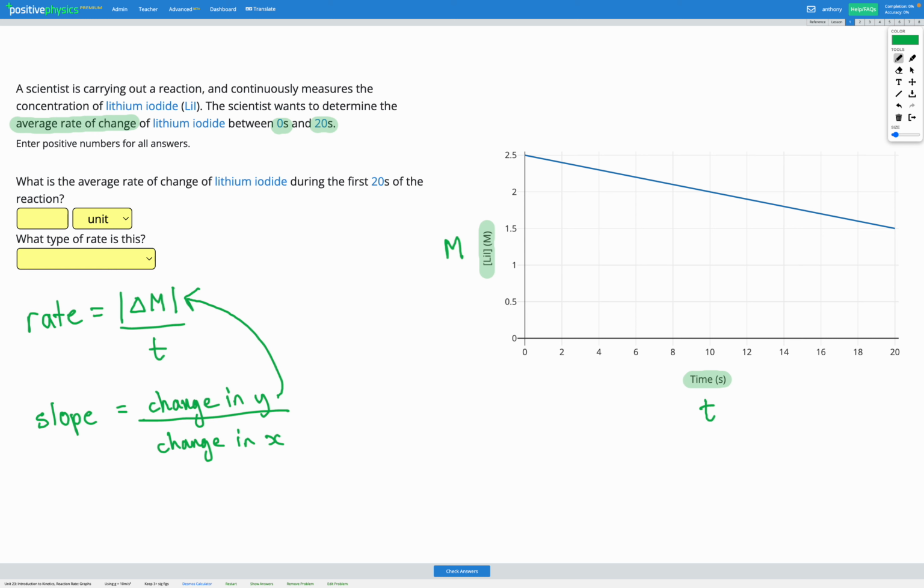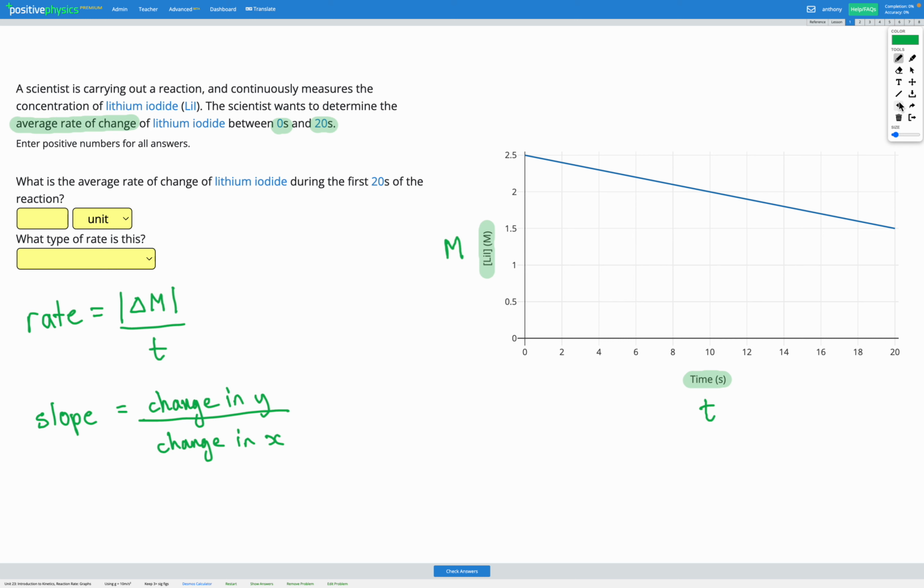And the change in x would be the time taken for the reaction, which is this. So we can also just use the slope of our line to find the rate of change because of what's on our x and y axis. You can either look for the numbers and plug them into this equation, or you can find the slope. I'll show you both methods.